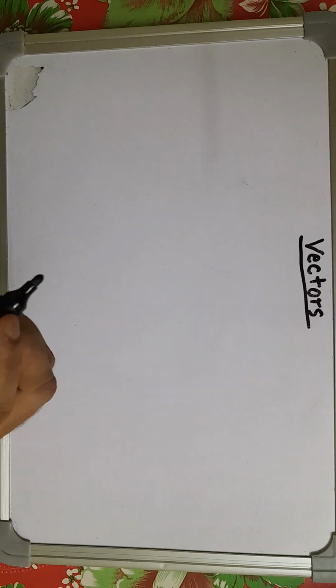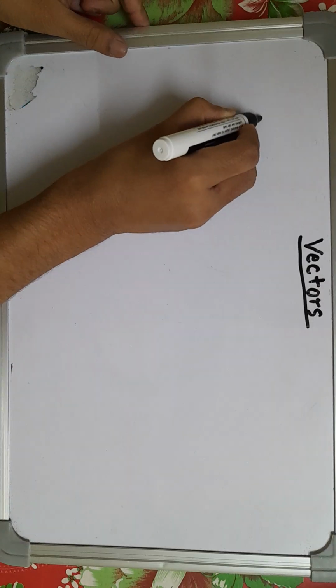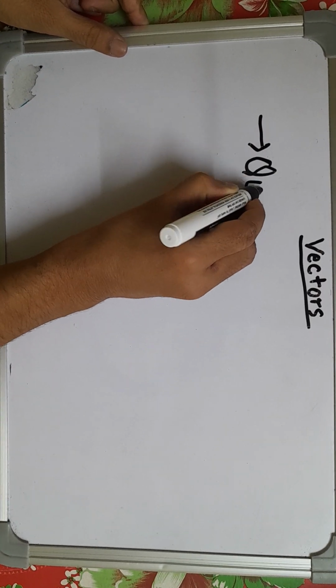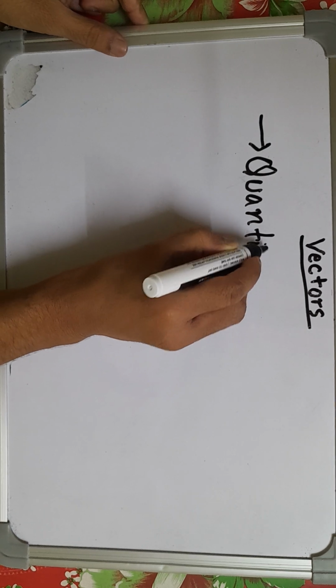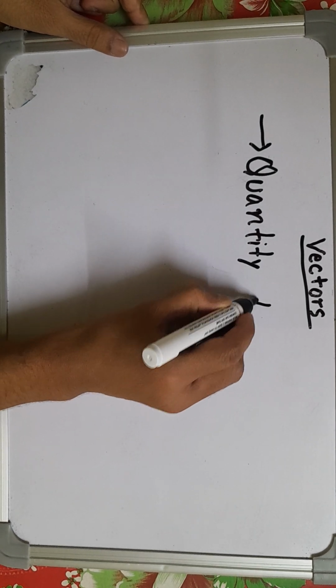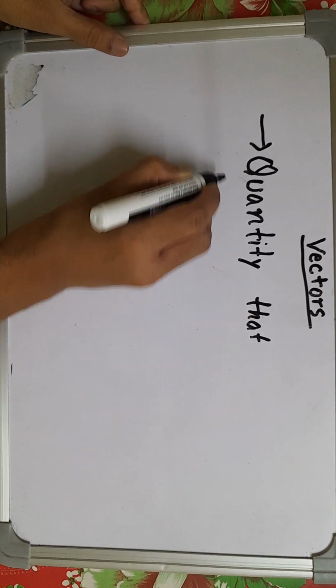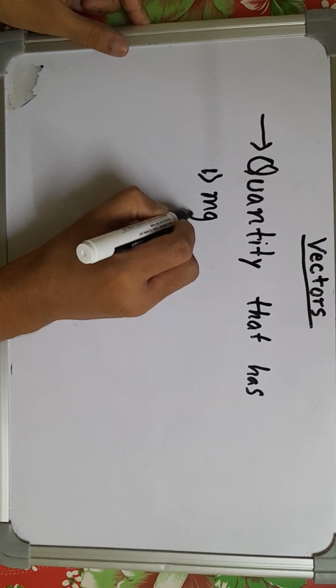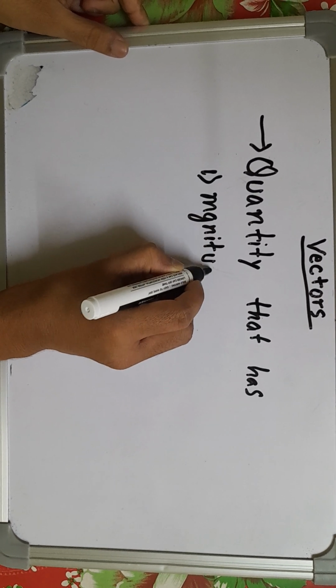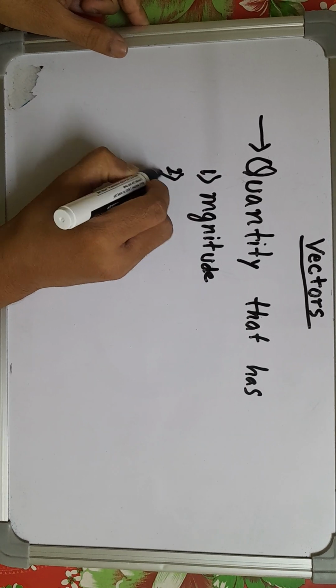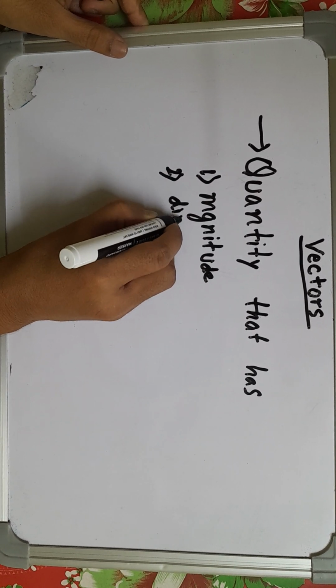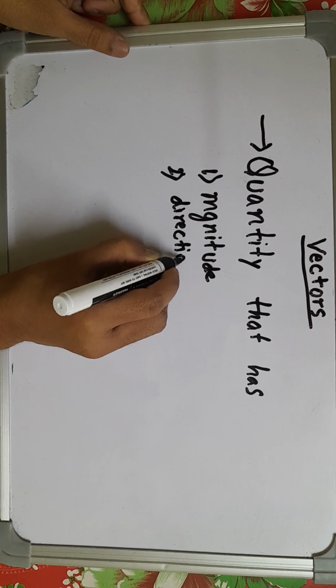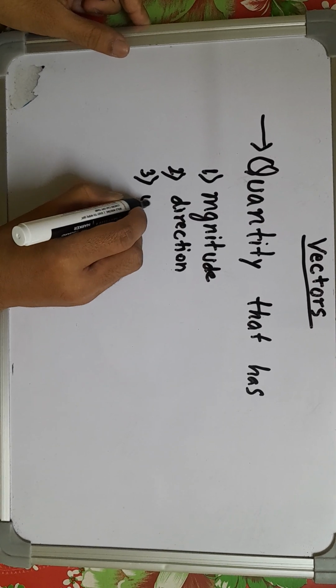Vectors are quantity that have both magnitude and direction and obey the triangle law of vector addition.